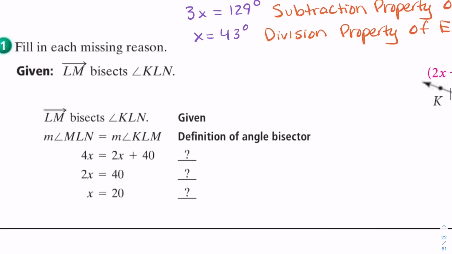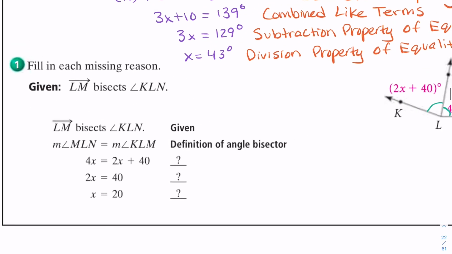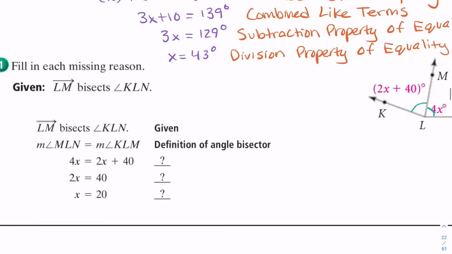So here they wrote that ray LM bisects angle KLN, so that's given. Those two angles are equal to each other because this is our definition of an angle bisector.